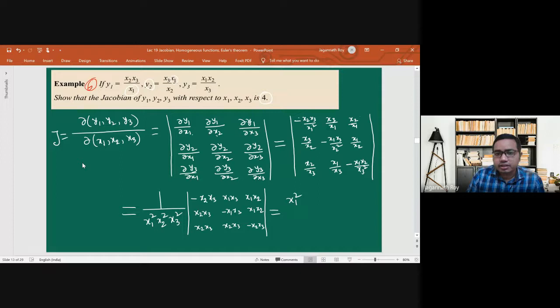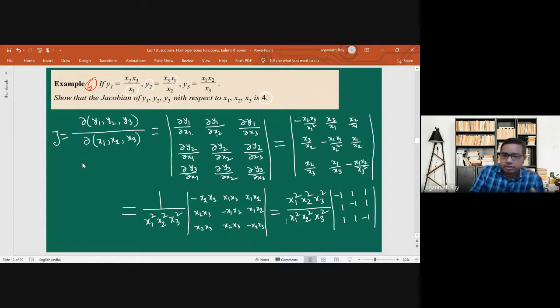So again we will take x square outside, then the determinant becomes minus 1, 1, 1; 1, minus 1, 1; 1, 1, minus 1.